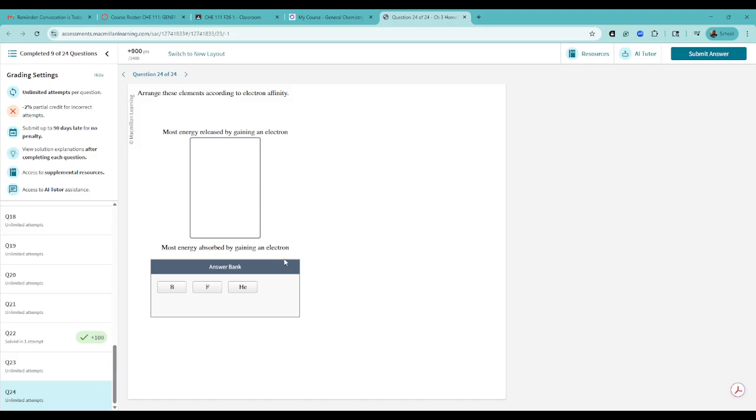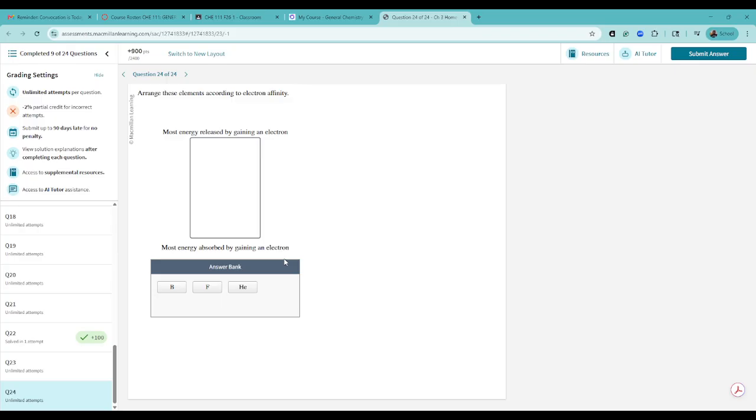Okay, now this one, I'm definitely doing this one to end it off: arrange elements according to electron affinity. How much they want to gain an electron. Generally speaking, as we move to the right and up on the periodic table, the electron affinity goes up.